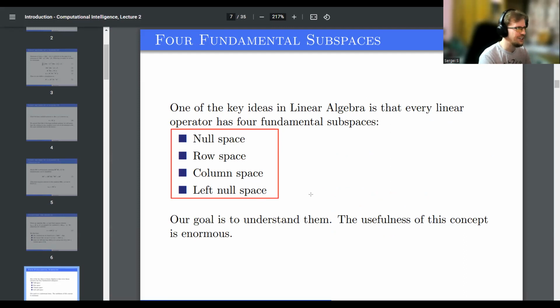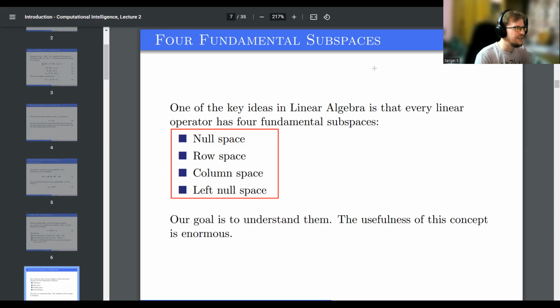I'll ask you at the end of the lecture how much of it was new. We need to understand how those things work. That is very important. They are extremely useful. For example, the trick that I showed you at the end of the introduction, where I computed something 200 times faster, that was just using subspaces.